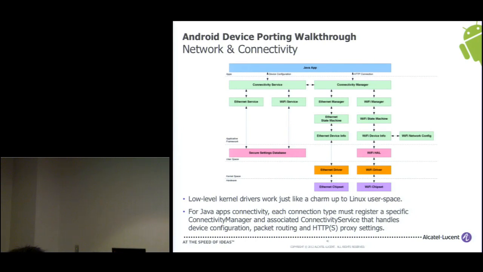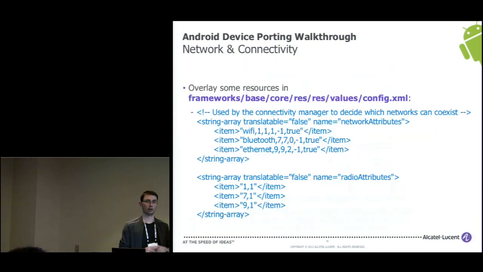So there are a lot of things that have to be done, for example, on the Wi-Fi state machine and the Ethernet state machine. Also, for support of the proxy, many things have to be done. And we'll see with the Ethernet, for example, a bit later on. But again, for Ethernet and connectivity, you may also have to overlay some resources. So once again, you have to edit the config.xml file.